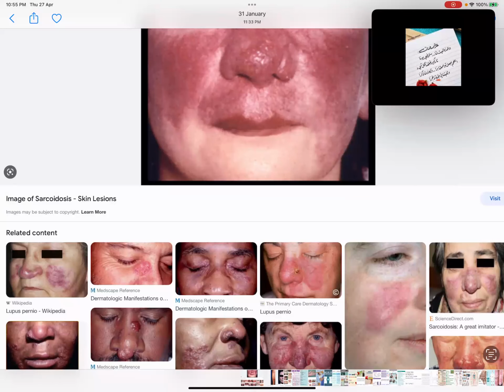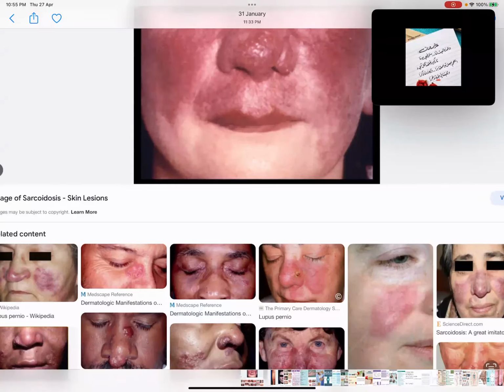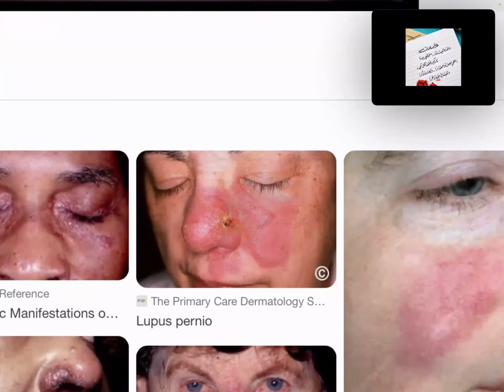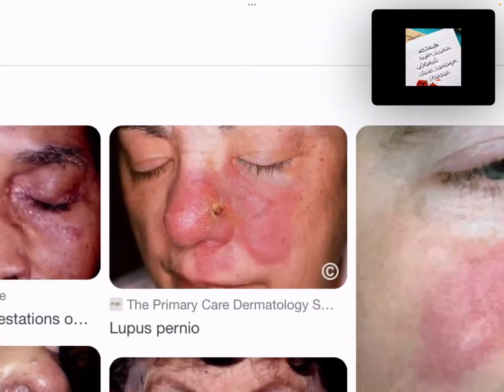So here, look for the rash, you will find involvement of the nasolabial fold. This is lupus pernio.